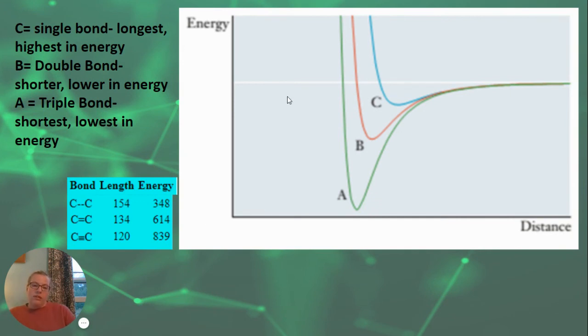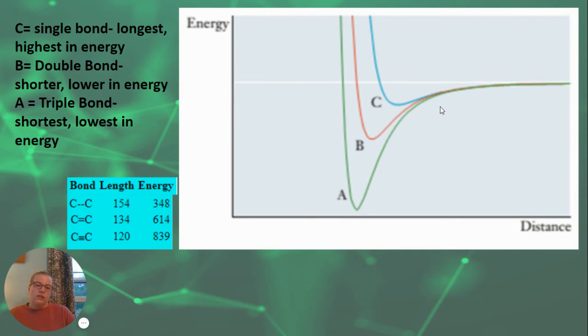So where I'm going with this is that once in a while, they will ask you a question where they'll give you a graph kind of like this, and they will ask you which thing matches up with the type of bond. So if I have C single bonds, C double bonded, and C triple bonded, and I'm asked to match up with these things, what you have to think of is the depth and how low the energy drops, as well as how tight the bond is or how short the bond is.